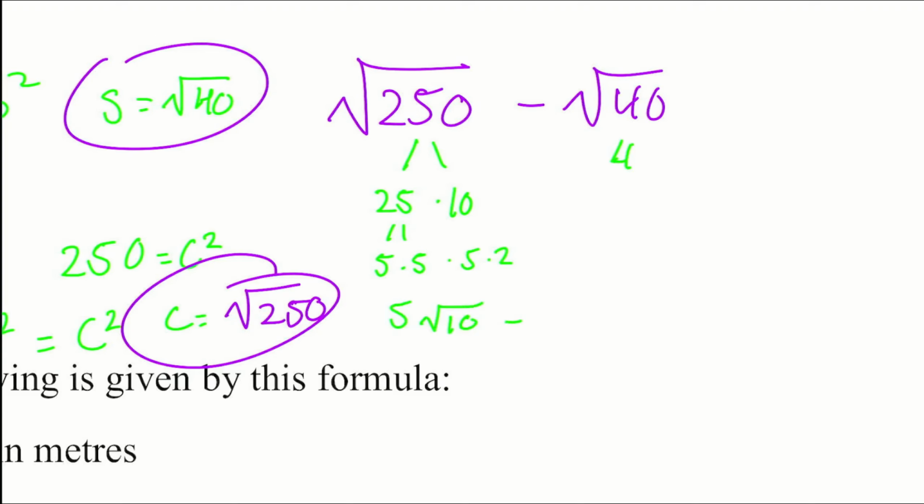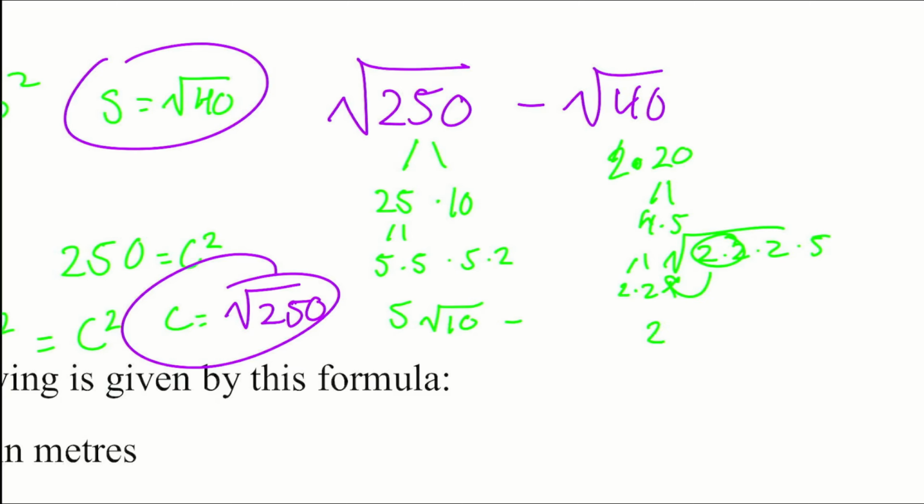Minus our 40, which can be broken down into 2 times 20, and 4 times 5 times 2 times 2. So we have 2 times 2 times 2 times 5 within our root sign. We're bringing this out front and get 2 root 10. And notice how these are the same.